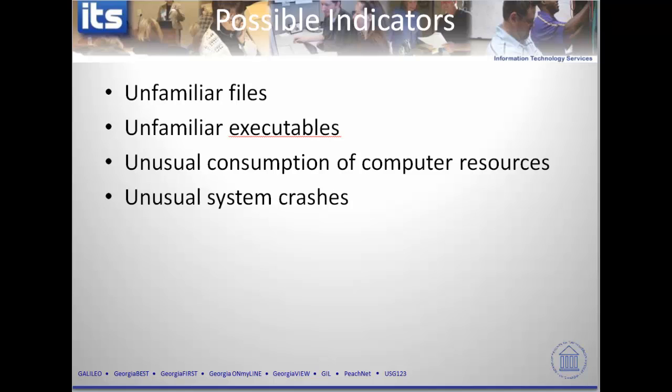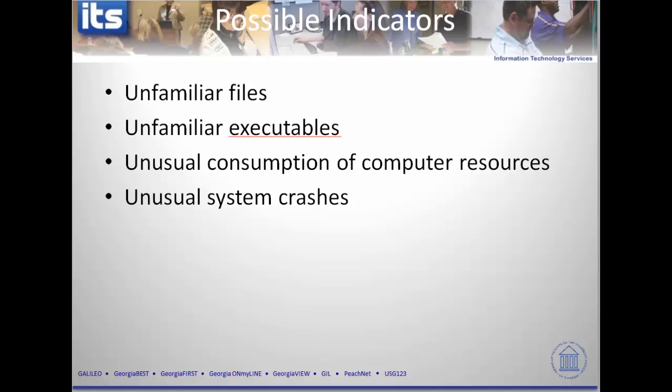Your computer is seeing an uncommon consumption of resources, be it memory or hard disk space or processing power, or you start to see the system start to crash. So this means it's possible. Doesn't mean that it's definite or likely, but it means that possibly something's going on and you may need to explore it a bit more.